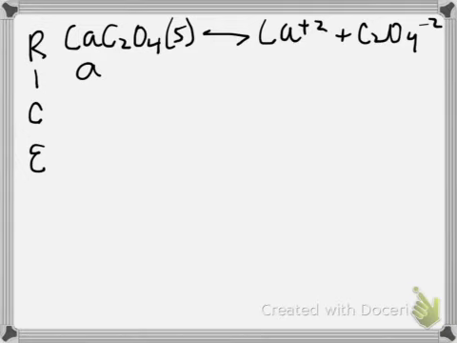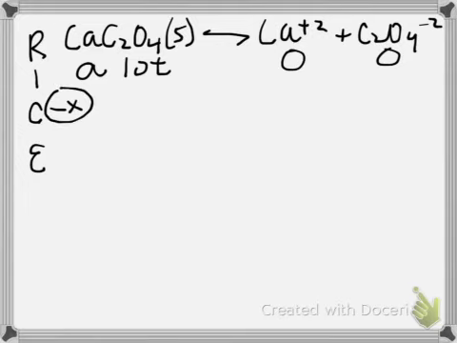So to set up this Rice table, we do a lot, 0, 0, because it's no common ion, nothing's present before we start. The minus x right here, remember that this is the solubility. So instead of calling it minus x, we're going to plug in our molar solubility that we just solved for. This value right here is solubility.